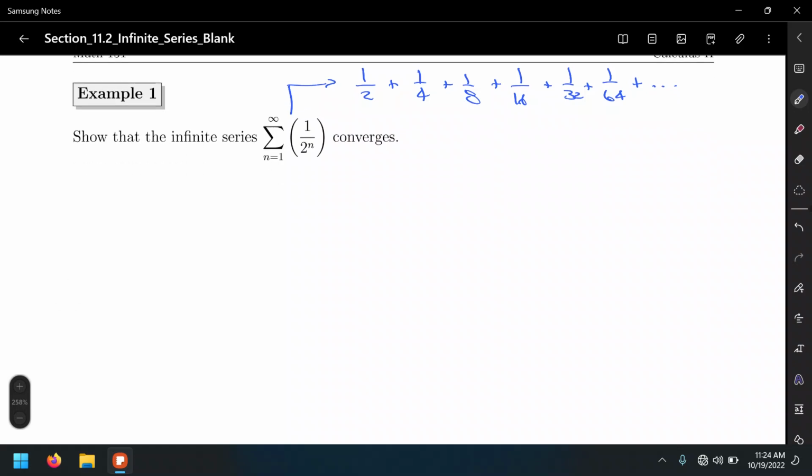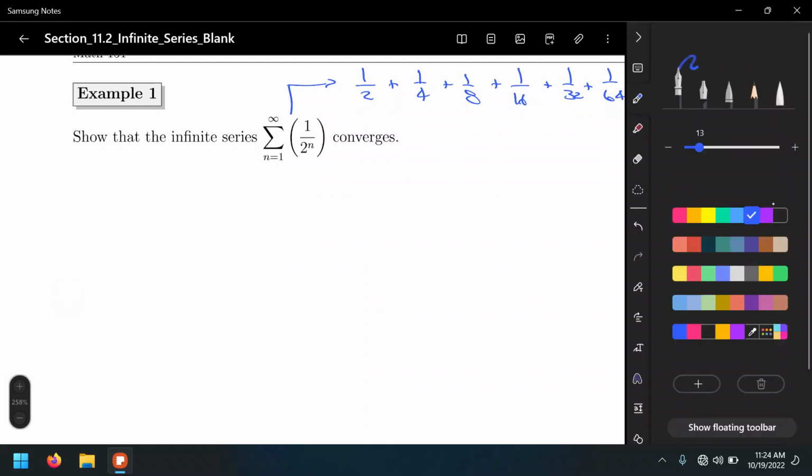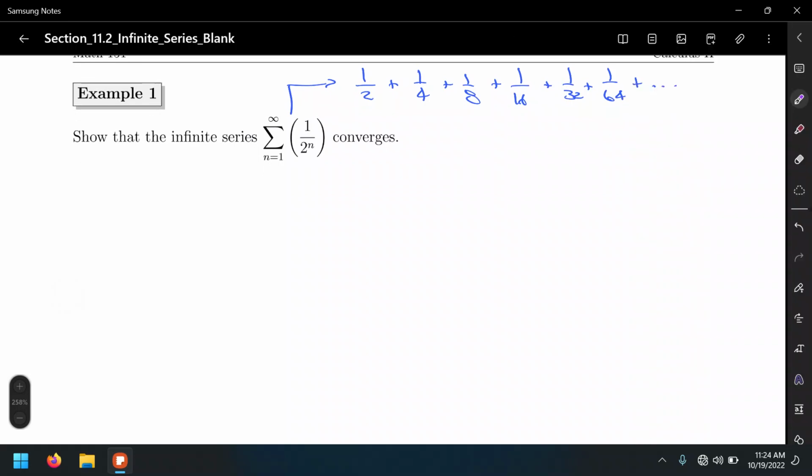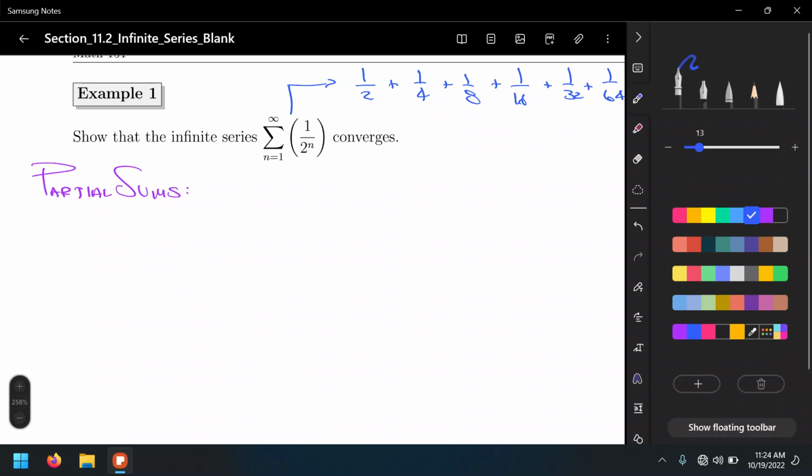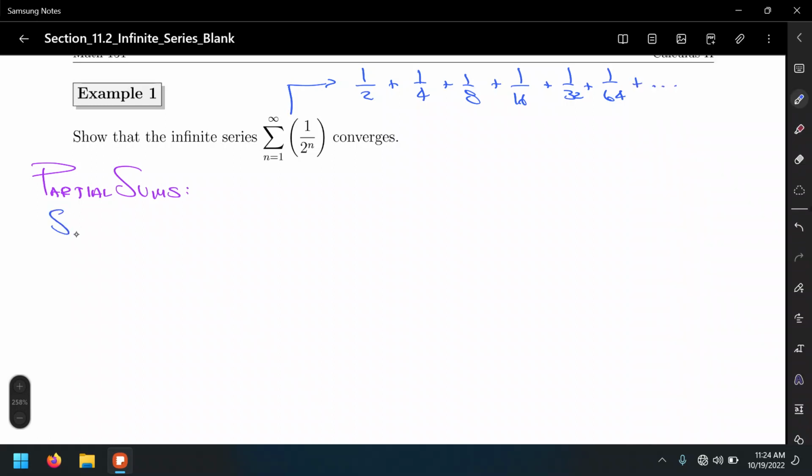Well, so number one, let's start with finding the partial sums. So for the partial sums, let's denote number one s sub 1.